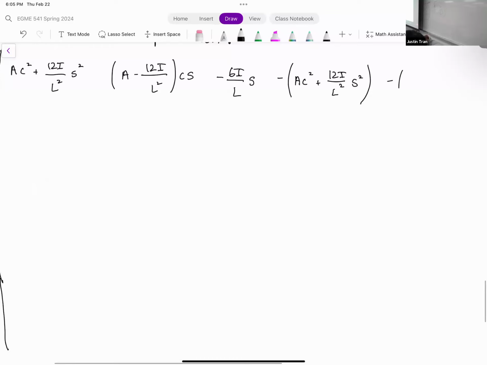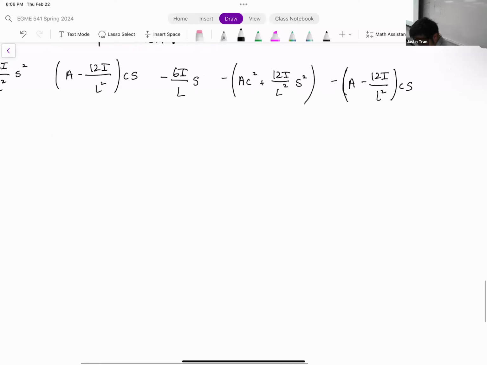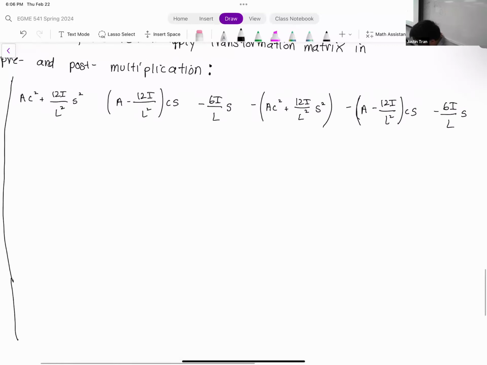Next, we have a minus A minus 12I divided by L squared times cosine and sine. Okay. And then we have a minus 6I over L times sine. Okay. All right, so that's the first row of the matrix. Okay.